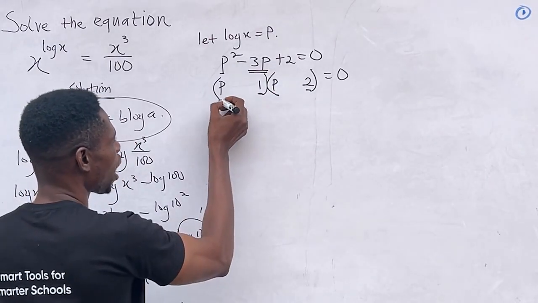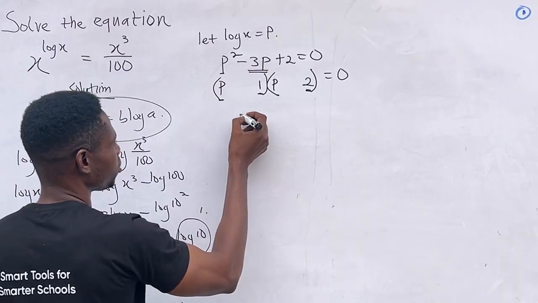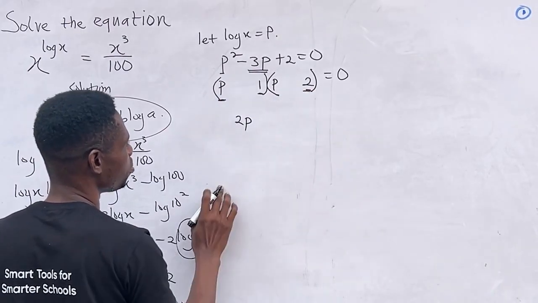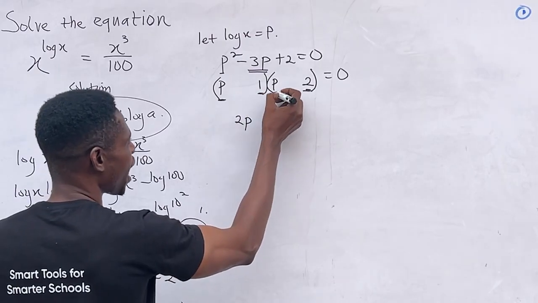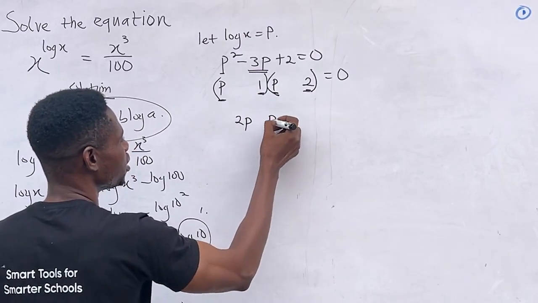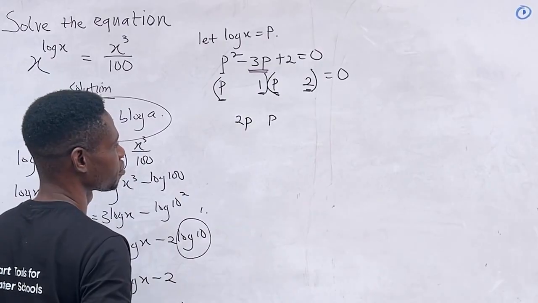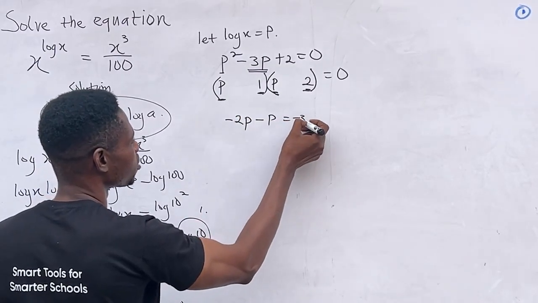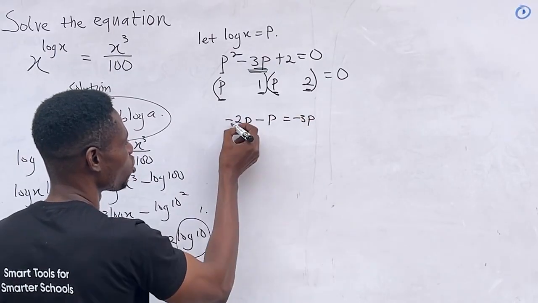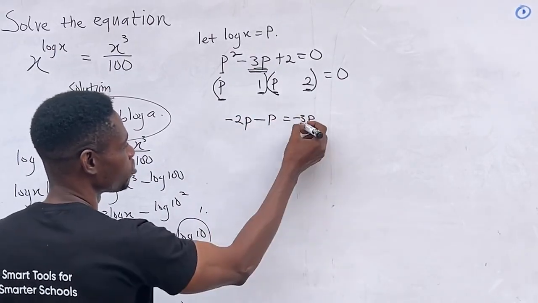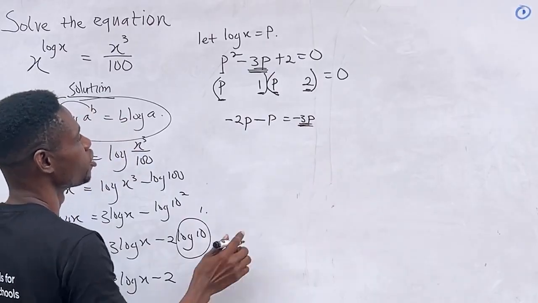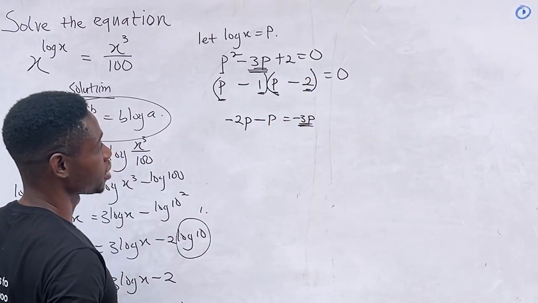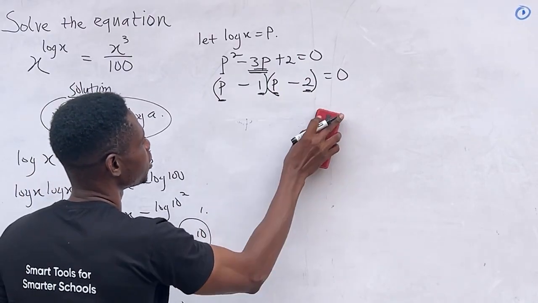If you multiply the outer items, you have 2p. If you multiply the inner items, 1 times p is p. So minus and minus are required to give us minus 3p. I believe you understand. So let's proceed.